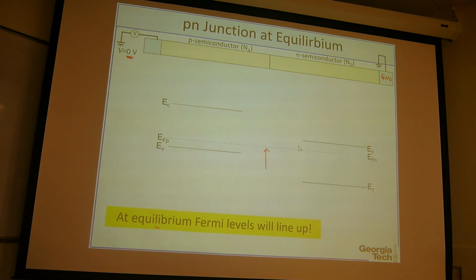So the EC is still continuous, so you need to draw them like this. The EC will connect from the p-type to the n-type following that slope. But the EF is a single level. Any questions?